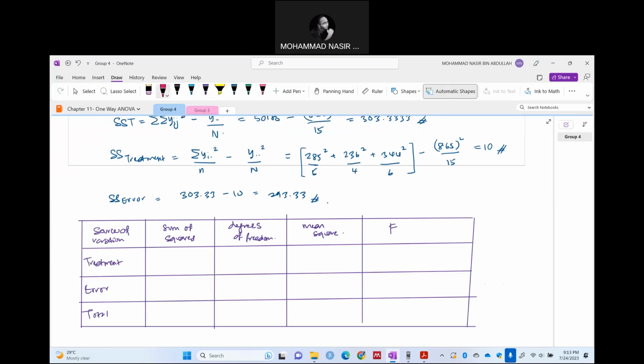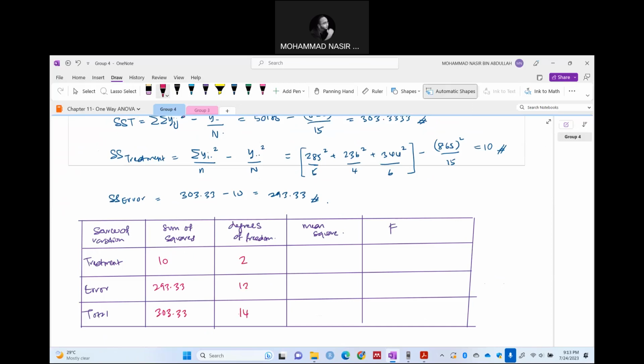So this is 303.33. This is 293.33. This is 10. And degree of freedom for treatment is K minus 1. So we have 3 minus 1 equal to 2. This is 15 minus 1, 14.